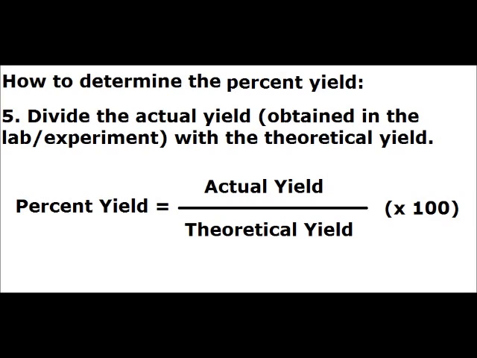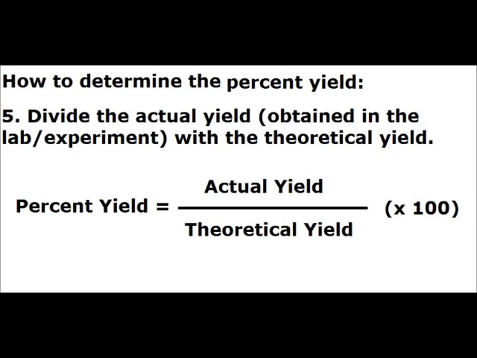If there's 100 points on the test, your actual score goes on the top. You get a percentage. It tells you how well you did. Same thing. We're dealing with grams here, but the maximum number of grams go on the bottom, the theoretical yield you calculated. The actual number of grams that you were able to obtain in your experiment or in the lab go on top. And then we take that, that'll give you a decimal, and that decimal represents the percent yield.